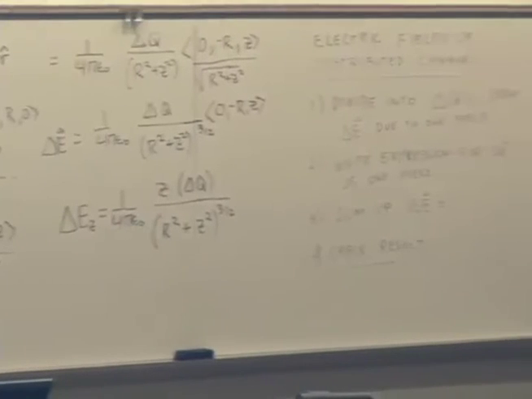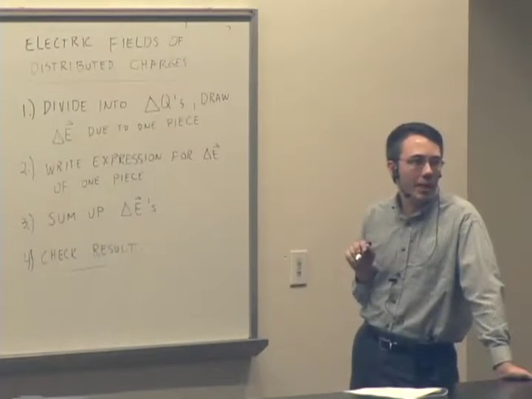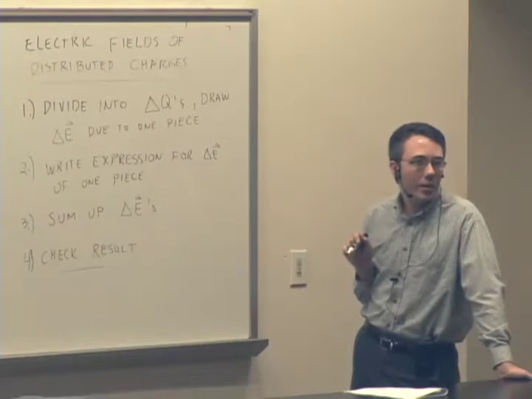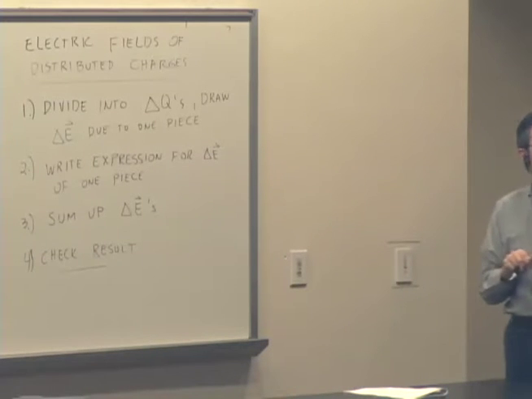I'm almost ready now to do the summation, but there's one thing I've got to do. Anybody remember from last time what we have to do to that delta Q? Okay, it has to turn into dq.